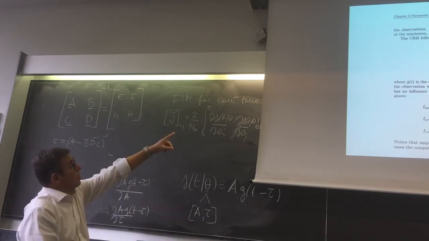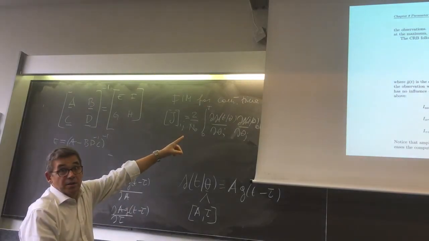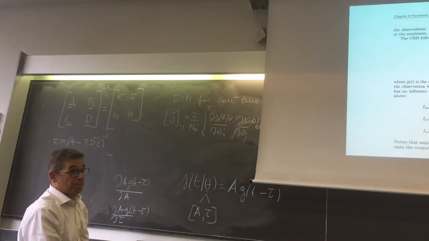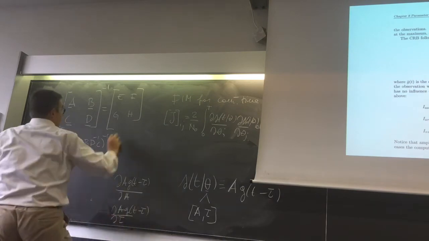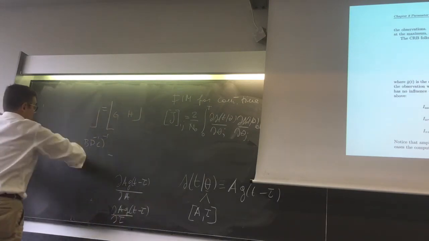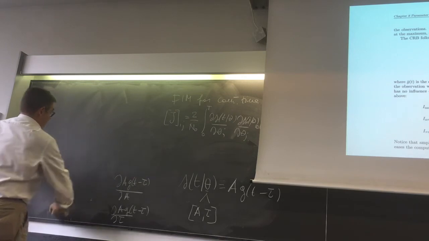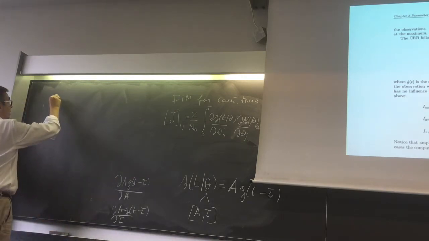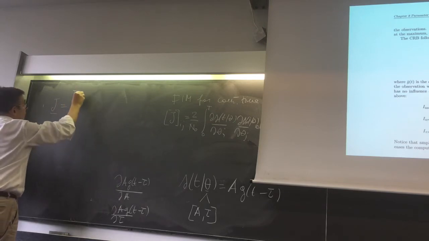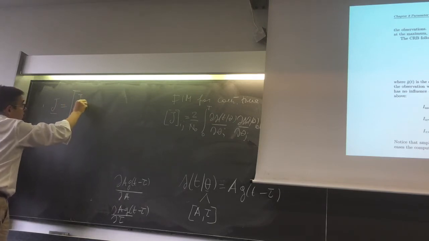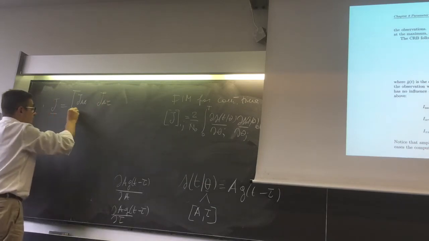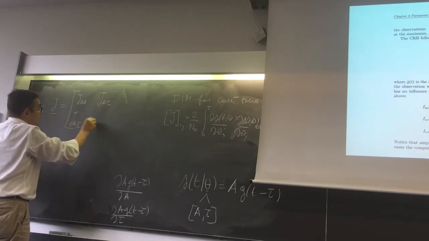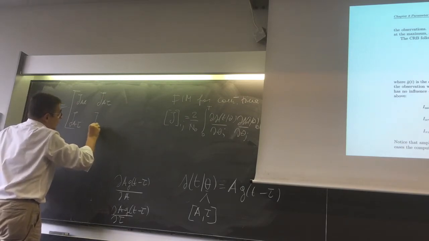This is what is required. Looking at the Fisher matrix, let me write it completely: I have J_AA, I have J_A tau, J_A tau is symmetric, and then J_tau tau.